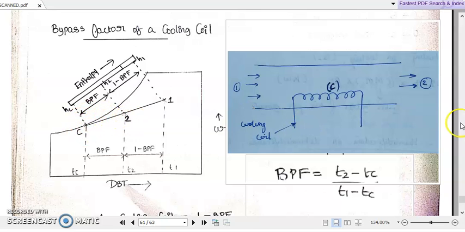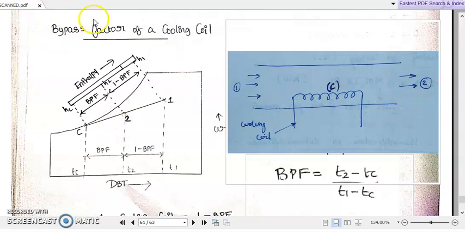So at the exit condition 2, the point 2 will actually be a mixture of both cooled and uncooled air. So this line 1C2 is representing this cooling coil action. The bypass factor of a cooling coil or a heating coil represents the amount of incoming air which actually bypassed this cooling coil.